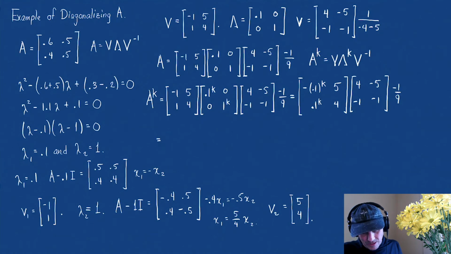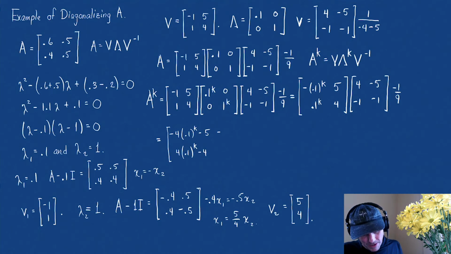All right, now we just have to finish this multiplication. So this is going to be -4 times 0.1 raised to the k, row 1, column 1, -5. And now I'm going to go row 2, column 1. So that's going to be +4 times 0.1 raised to the k, -4. And now my next one, let's go row 1, column 2.